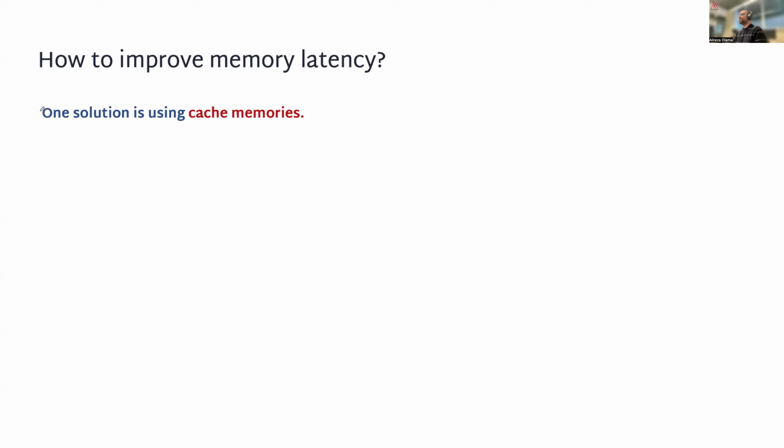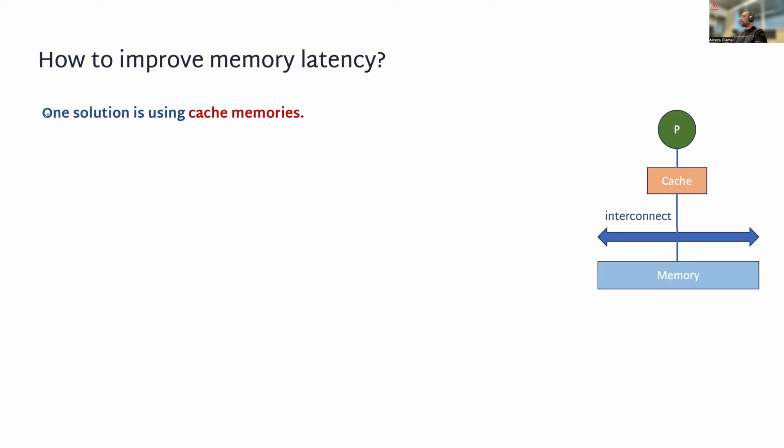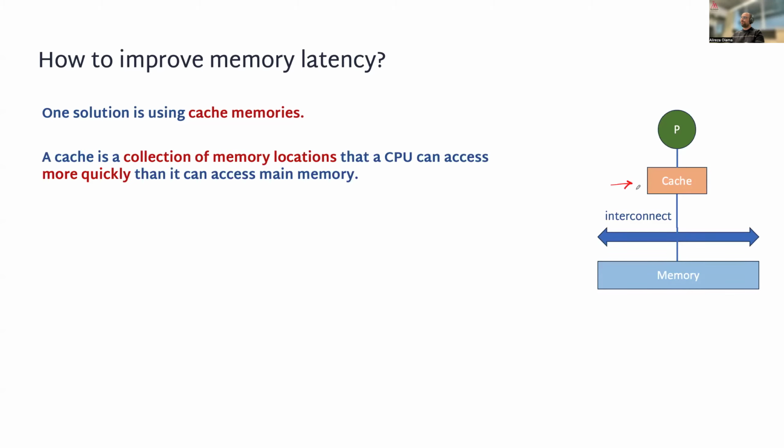right? CPU caches. So let's see how it works. It should be kind of familiar to you. Between the memory and the CPU or the processor, we put a fast memory called a cache, right? Which basically is a collection of memory locations that a CPU can access more quickly than it can access the main memory.